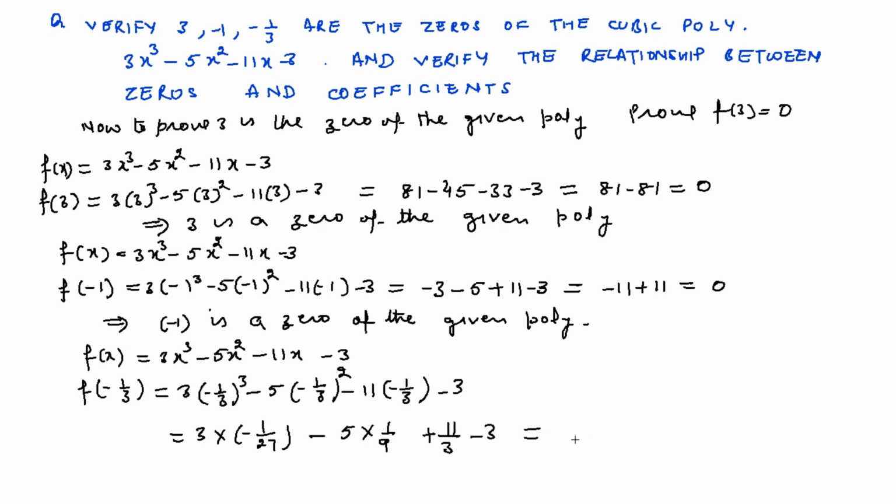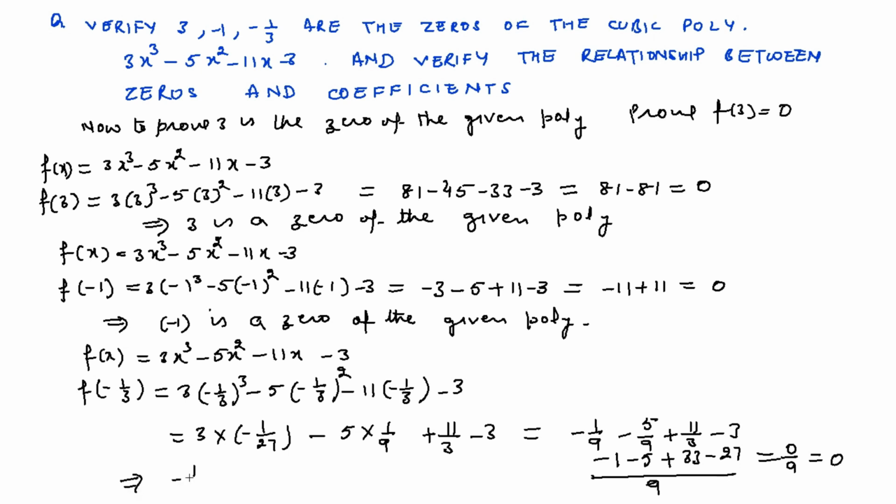This is equal to minus 1 by 3 minus 5 by 9 plus 11 by 3 minus 3. You will have 9 in the denominator as the LCM. You will have minus 3 minus 5 plus 33 minus 27, and when you solve this you will have 0 upon 9, which is equal to 0. So this again shows minus 1 by 3 is a zero of the given polynomial.